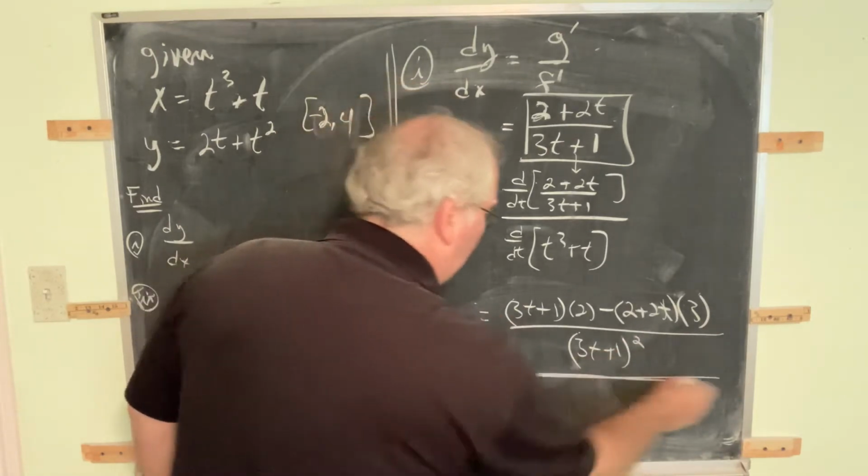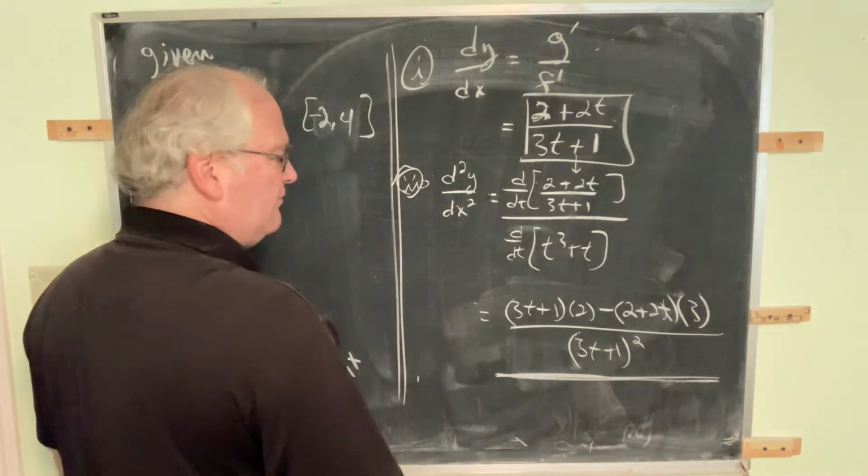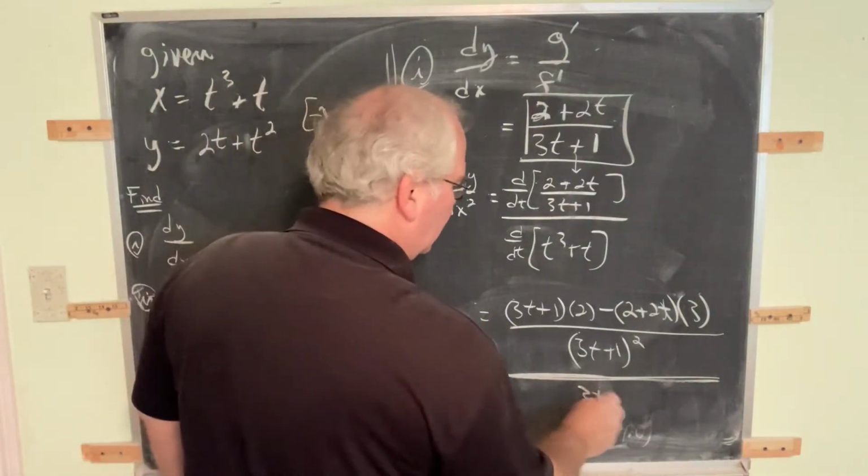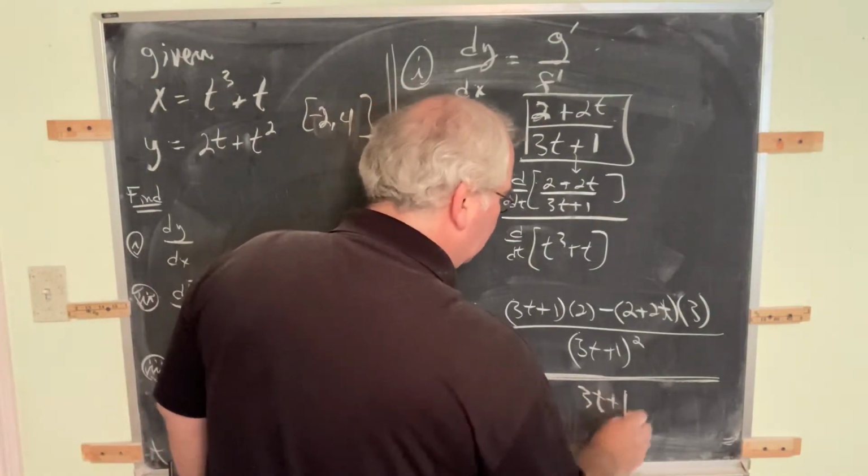And then that's all over the derivative of this, which is 3t plus 1.